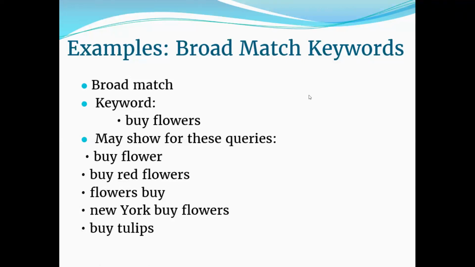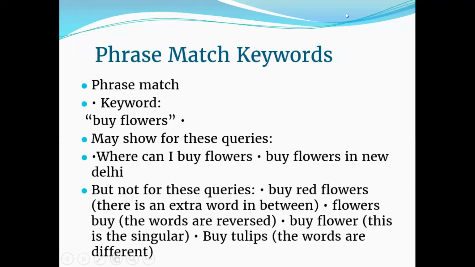Now this will be called phrase match. Look here. Keyword, what is that? Buy flower. So where can I buy flower? Buy flower in New Delhi is okay, but not for this query: buy red flowers, buy online flowers, buy blue flower, everything. There is an extra word in between.